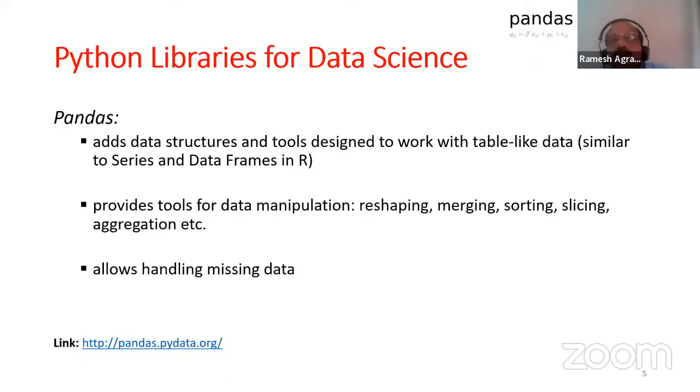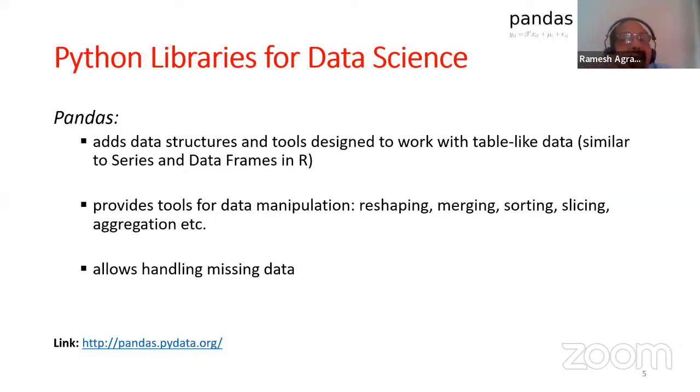Then there is another library, pandas. Pandas provides data structures and tools which are specifically designed to work with table-like data. There are many powerful operations defined which can work on your table-like data.